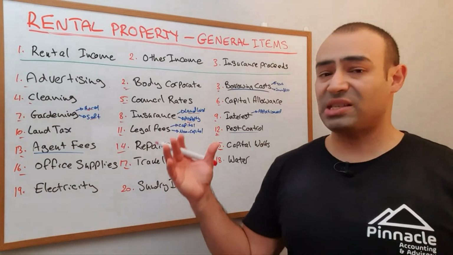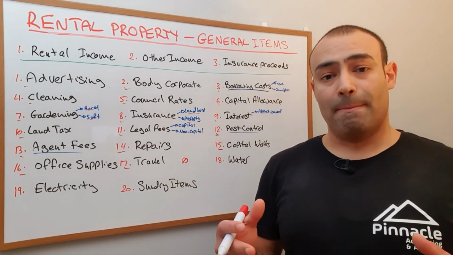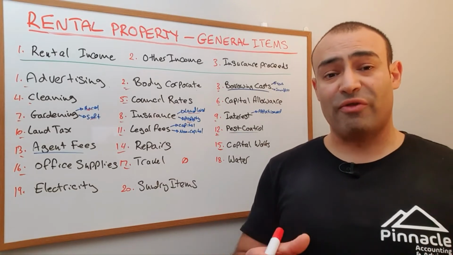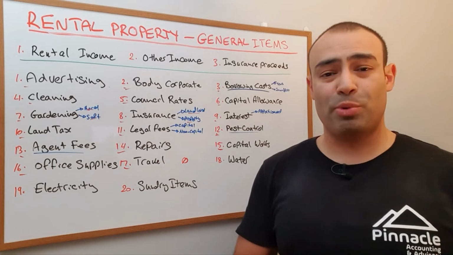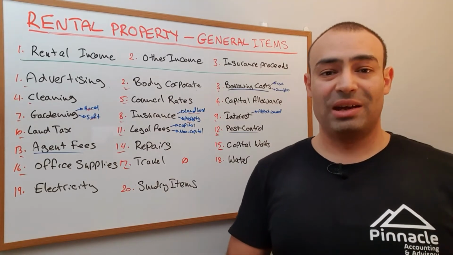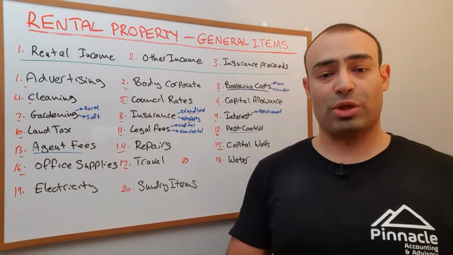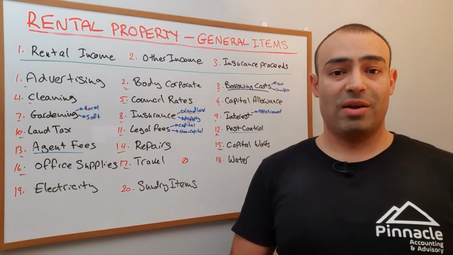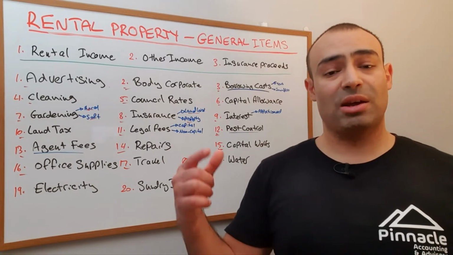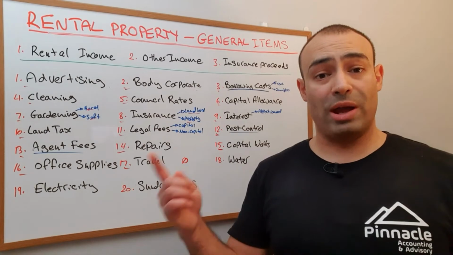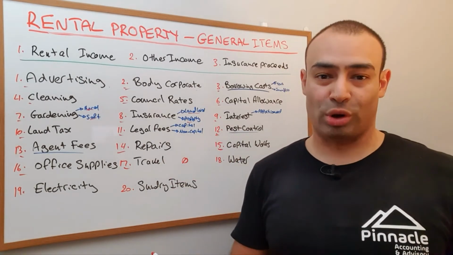Now, we're just basing this on an individual return, but travel stopped being deductible because people were buying property in a state like Queensland when they lived in New South Wales or Victoria because they wanted to pretend like they are going interstate to check the property when really they were just holidaying.